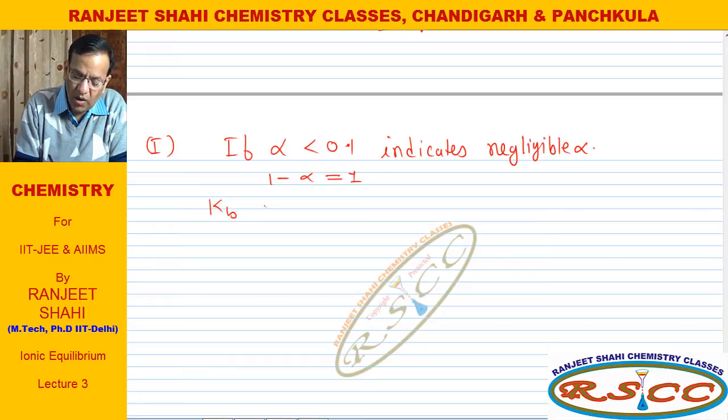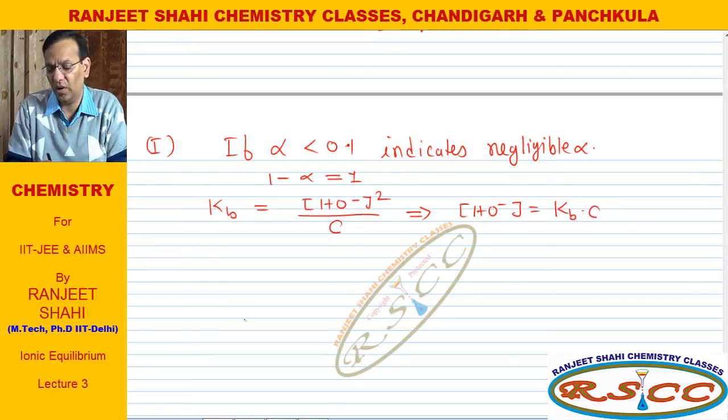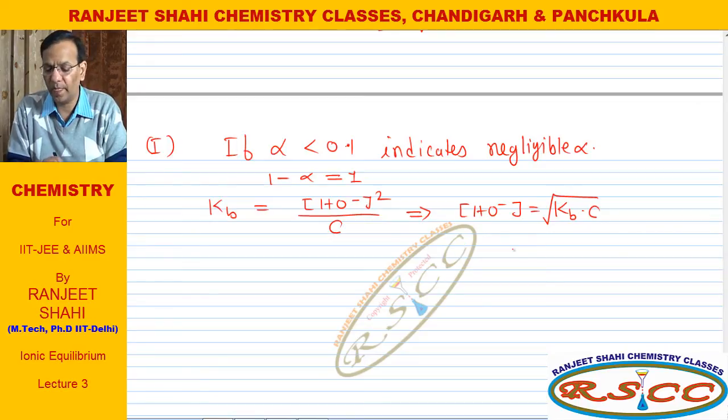So, Kb will be equal to concentration of hydroxide ion square divided by C. This implies concentration of hydroxide ion will be equal to root under Kb into C. Knowing the value of hydroxide ion concentration, first we find out pOH and then we subtract it from 14 to determine the value of pH at 25 degrees Celsius.